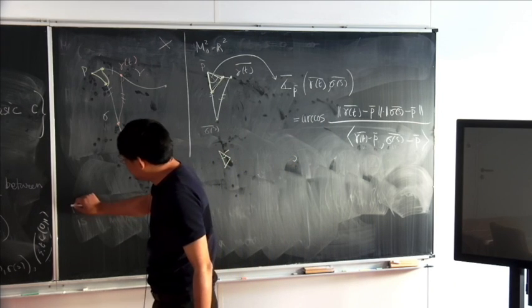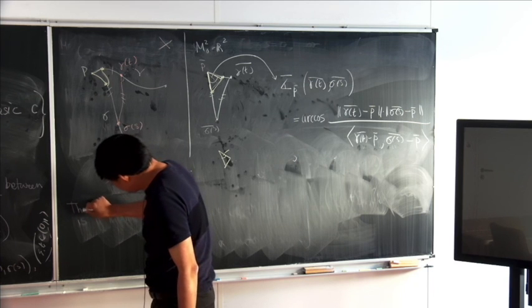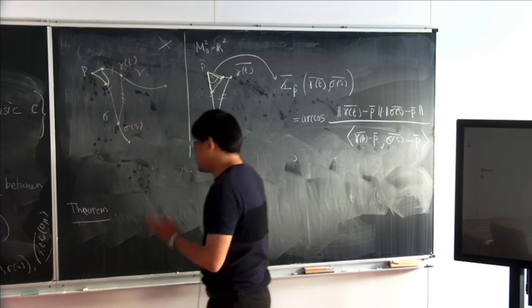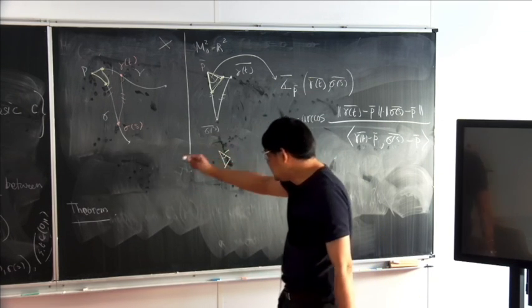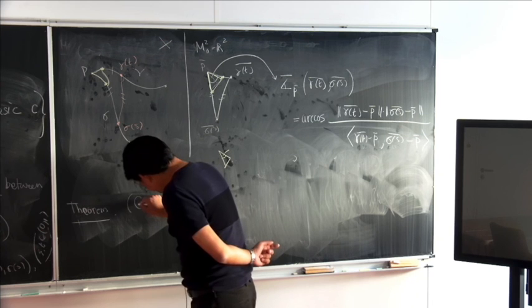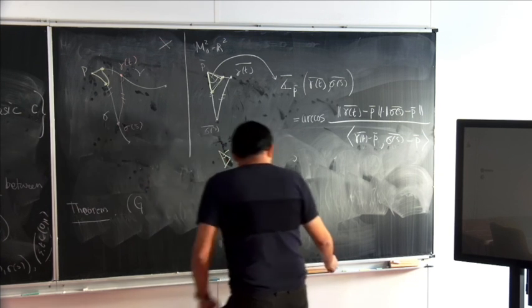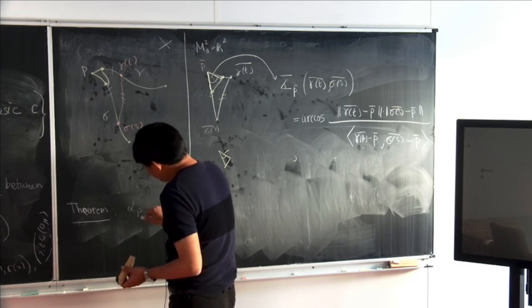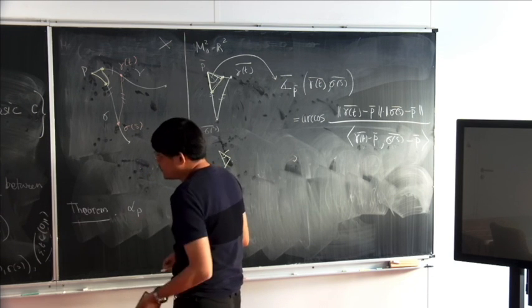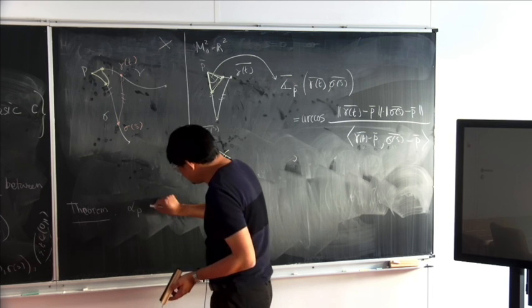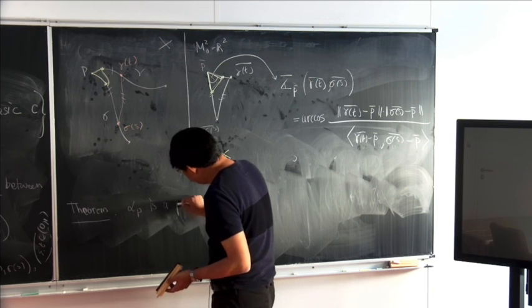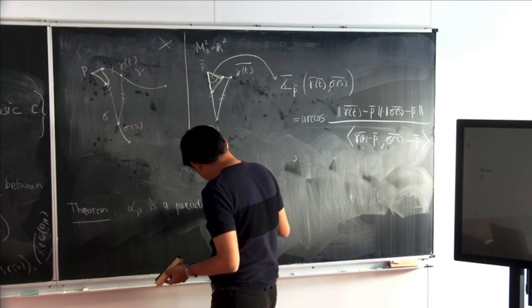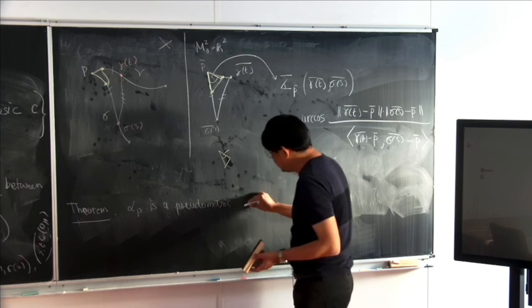Now here comes a very important theorem. Okay, the theorem says alpha P, the Alexandrov angle defined like that, is a pseudometric on GP.